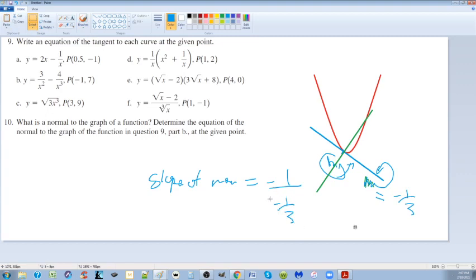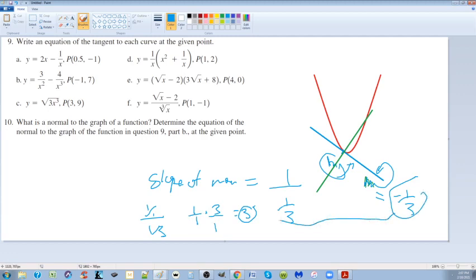Right away you can see your negatives are going to become positive. And what's 1 over 1 divided by 1 over 3? It's the same as 1 over 1 times 3 over 1, which is 3. So that makes sense. We had a -1/3. What's the reciprocal? +1/3. So one way to see it is just flip your numbers upside down and change the sign. Okay? Flip whatever symbols you found for m upside down and change the sign.